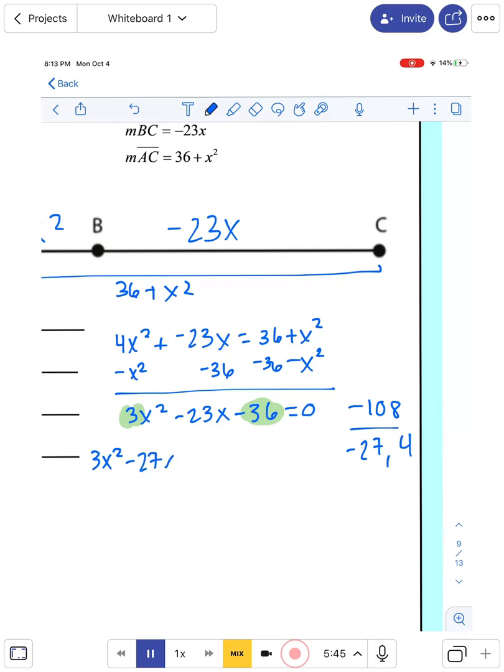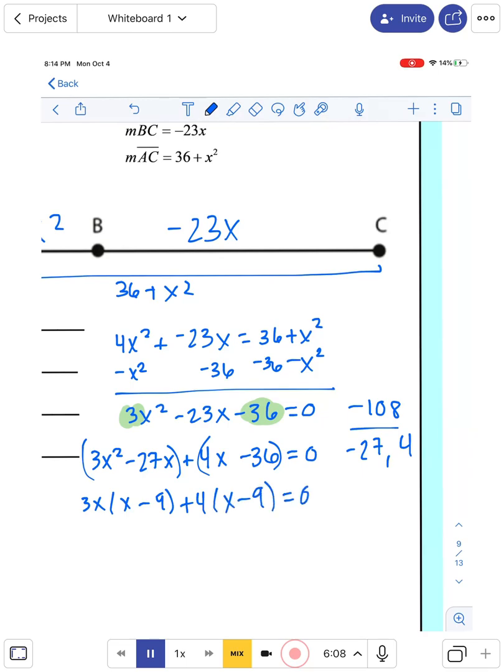So we get 3x squared minus 27x plus 4x minus 36 equals 0. And then I group my first two terms, I group my second two terms. From the first two terms, I can factor a 3x. And from the second two terms, I can factor a 4. And so that means my two factors are 3x plus 4 and x minus 9.